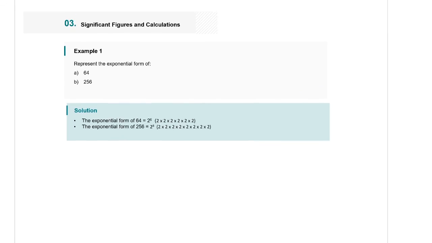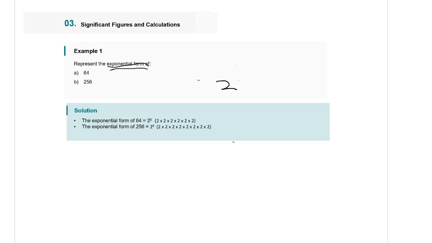Sometimes we have some large number, and we want to represent that in an exponential form. It makes our life a little bit easier, but it depends what you want to do, and you don't always do that. For instance, we want to express 64 in the exponential form. What number can be multiplied by itself so many times to get 64? Essentially, it would be 2.